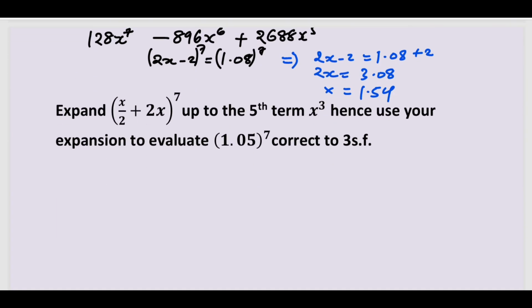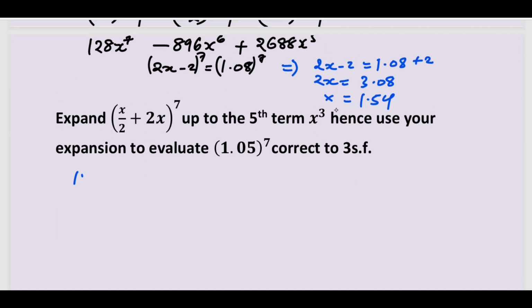So therefore we pick our expansion: 128x^7 minus 896x^6 plus 2688x^5, and remember x is 1.54.